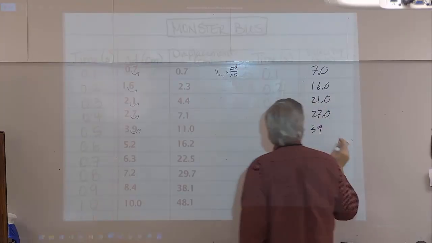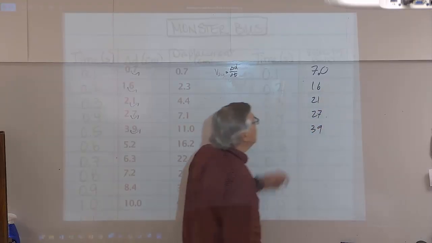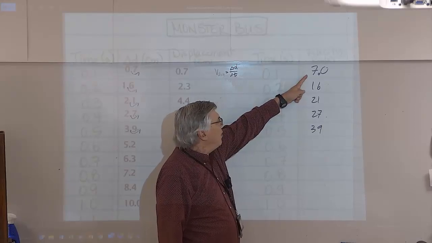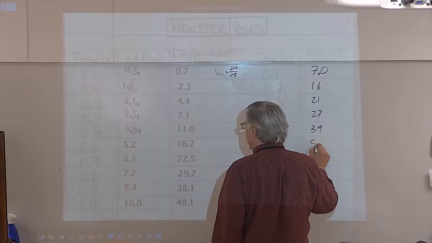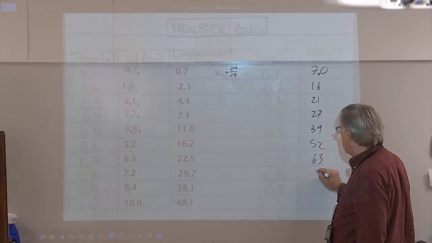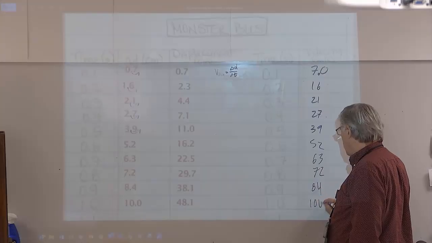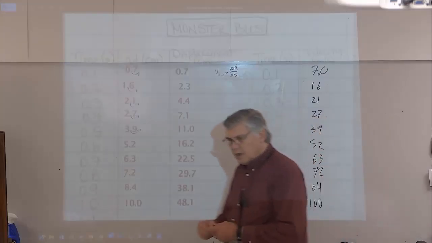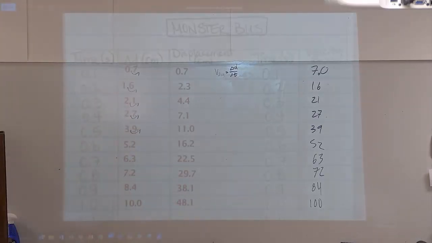Actually, we can leave off the 0.0, really. We'll keep two significant figures. I'll keep it on that one, and then we'll just do it like this. So we have 52, 63, 72, 84. Okay, so we just divide by 1/10, and it's the same as moving the decimal place over 1 to the right.